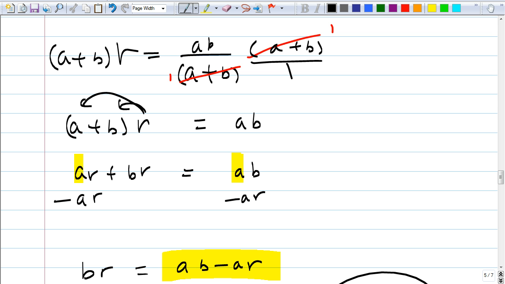Is that what you're trying to say? You have A right here in this term, and you have another A in the other term. What are we going to do? Don't we want to just have A by itself? We have A's in both of these terms, right? So that's great that the families are together, but we need to get A by itself because we want to solve for A, right?